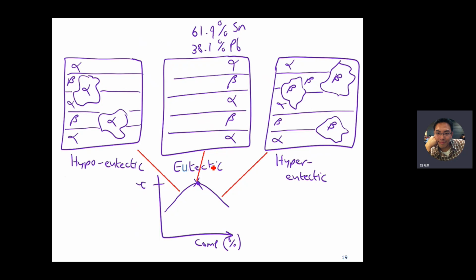Okay, therefore we find out that at this eutectic composition, in this case 61.9 of tin, right? We got the highest shear strength. And the microstructure of hypoeutectic is the alpha core with the lamella structure, and the hypereutectic is the beta solid solution core with the lamella structure.